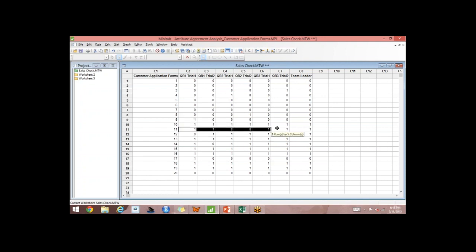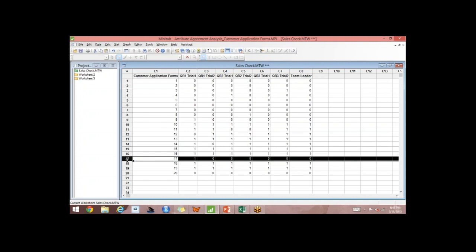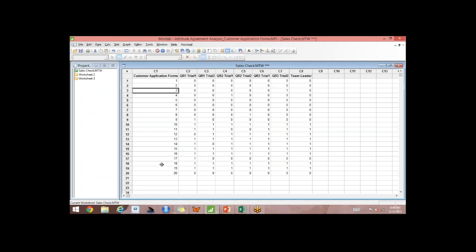Here we have another mismatch, right? Here also there is a mismatch. Here also there is a mismatch. Customer application form 12. Customer application form 14. This also has a mismatch. Customer application form 17 also has a mismatch. So if you count the number of mismatches, there would be 8 mismatches. So if there are 8 mismatches out of 20 customer application forms, how many matched?